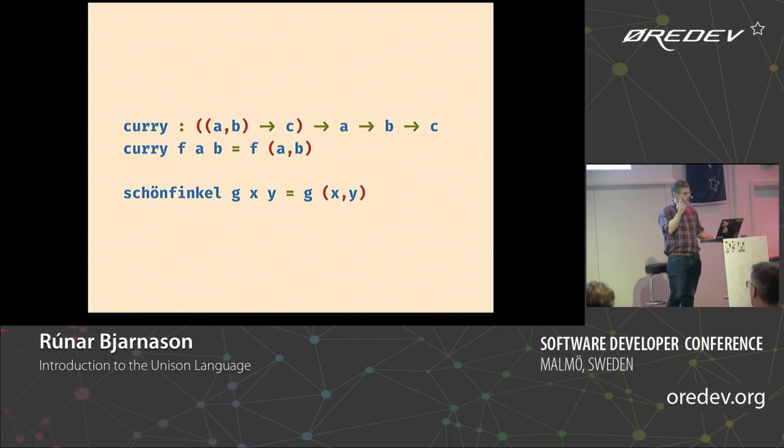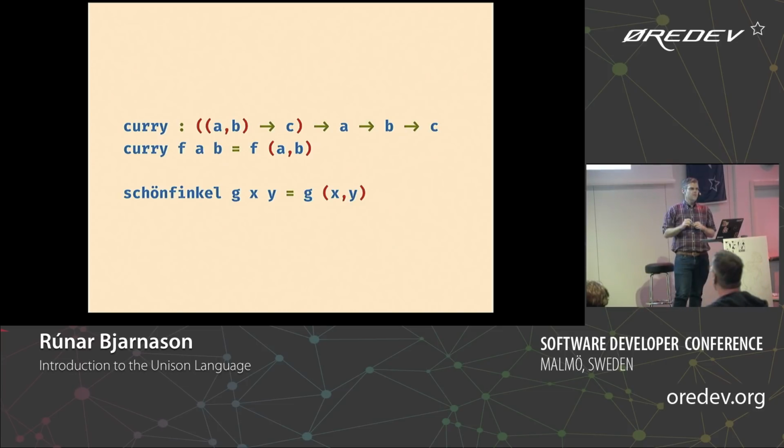For example, these two functions here have the exact same implementation, but they have two different names. So currying takes a function that takes a pair, and it turns it into a function that's curried that takes the arguments one at a time, so you can partially apply it. And sometimes this is called Schoenfinkeling, and so you might want to use a different name for this thing.